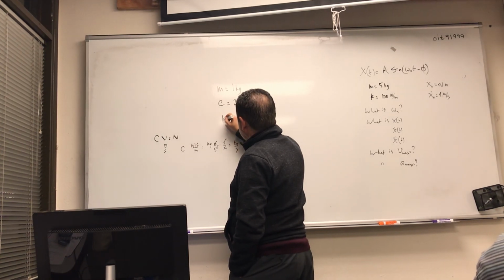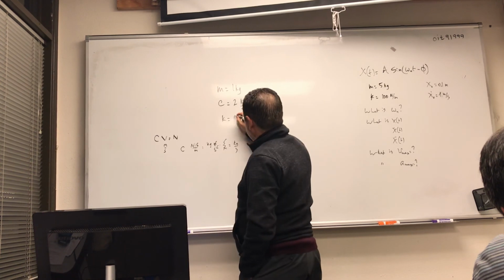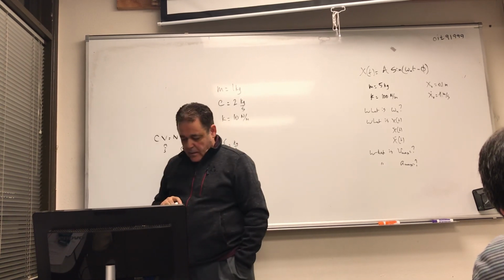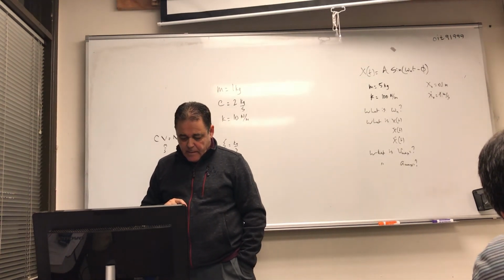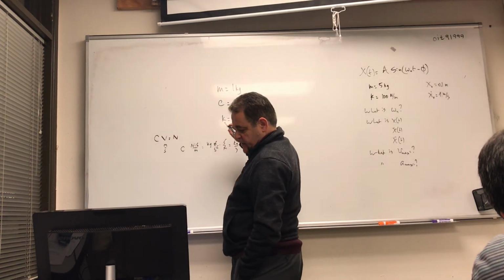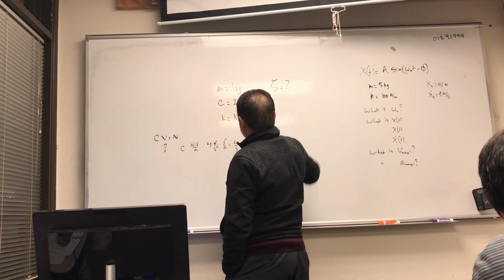And what's the last one? K. K is, let's say, 10 newtons per meter. Okay? So the question here is, what is zeta equal to?